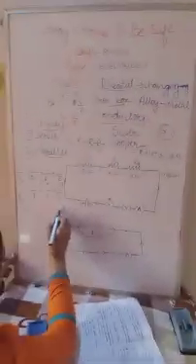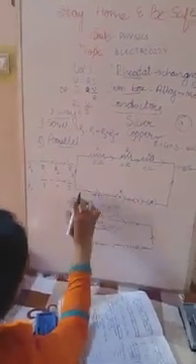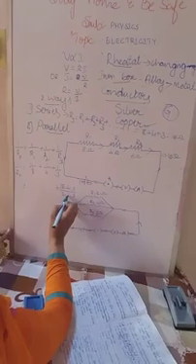Actually we have to take the LCM of 8, 4 and 3, so that each divides evenly. 4 2s are 8, 8 3s are 24.